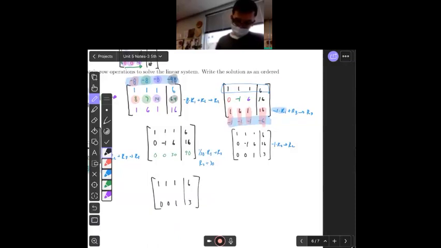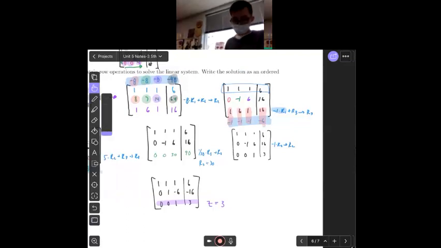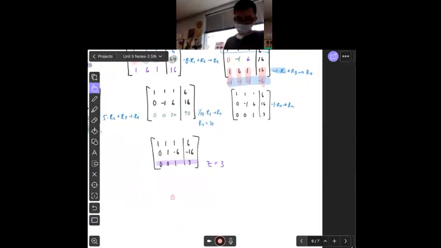So just watch your signs. It should be 0, +1, -6, -16. That bottom row tells us that z is equal to 3. What's the equation that comes out of the second row?